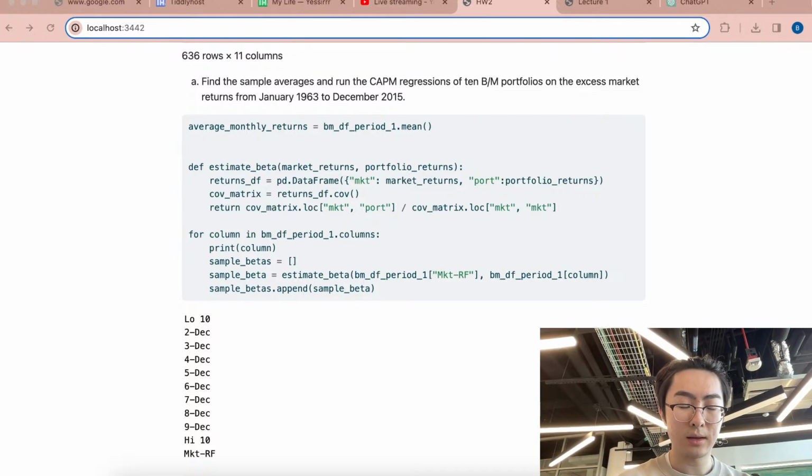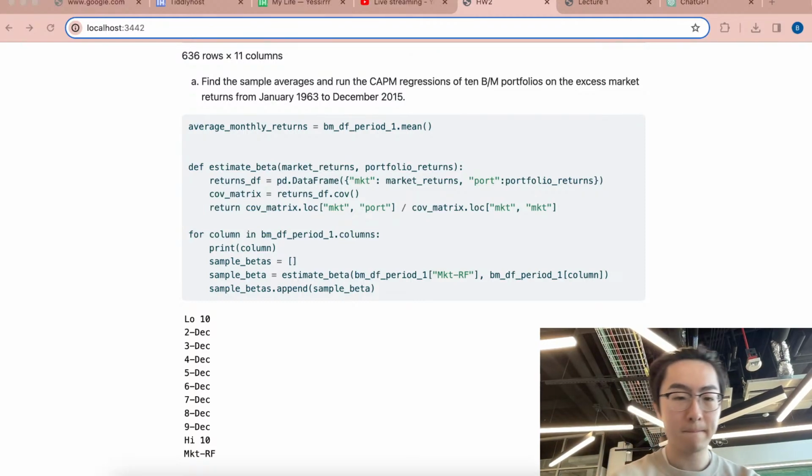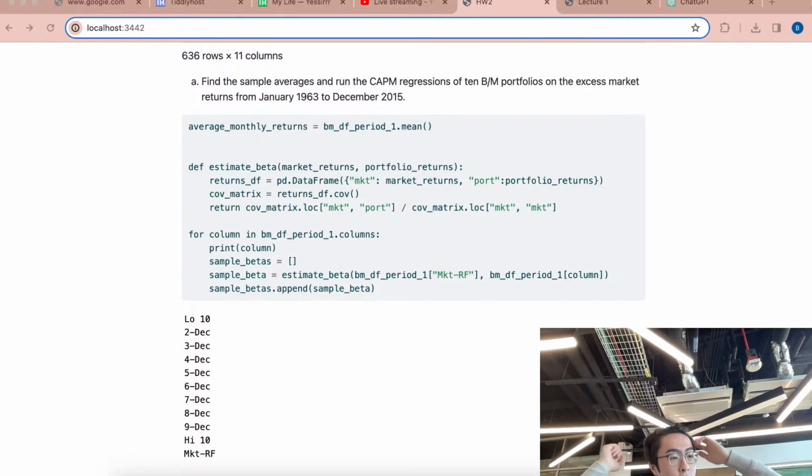Now I think we could plot the returns against the betas. Alright. So let's plot, plt.subplot, ax.plot. I think we probably want to plot these dots.